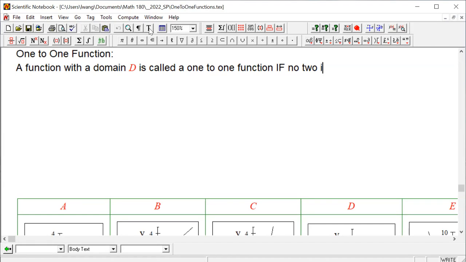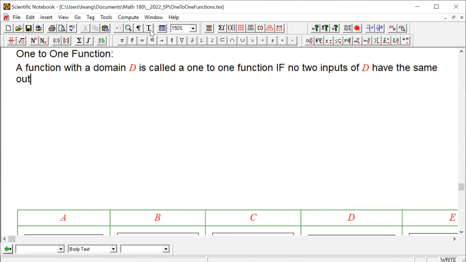No two inputs of D have the same outputs.